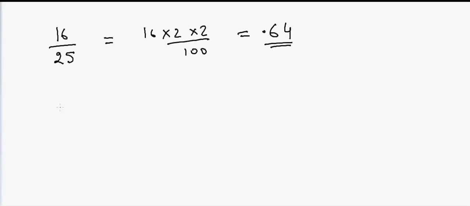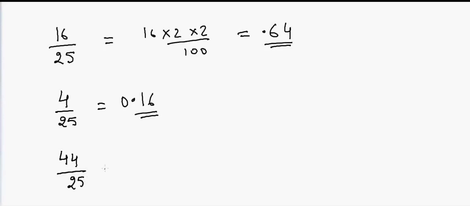Again, if I have 4 divided by 25, that will be equal to 4 into double of 4 is 8, and double of 8 is 16, so 0.16. Another example is if I have 44 to divide by 25.